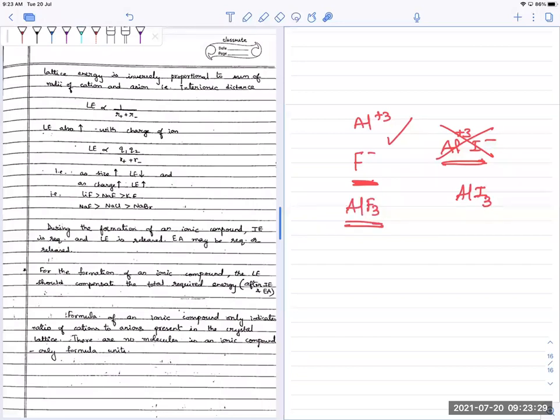In this case, the lattice energy is huge because of the small fluoride. In this case, the lattice energy is small because of the big iodide. In this case, the lattice energy is not able to compensate, whereas in this case, it is able to compensate. How would I know in which case it's compensated and in which case it's not? We will do that and finish it by the end of the chapter. You will be able to predict whether aluminium fluoride forms an ionic bond or a covalent bond.